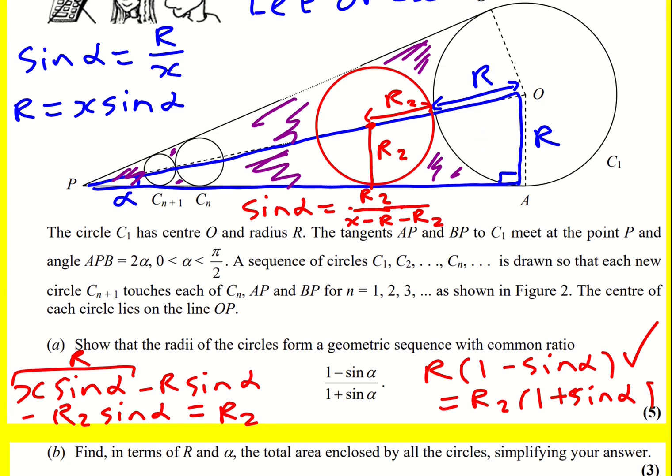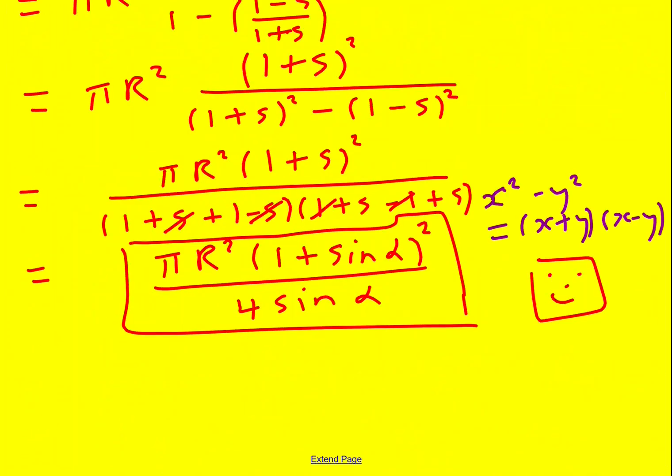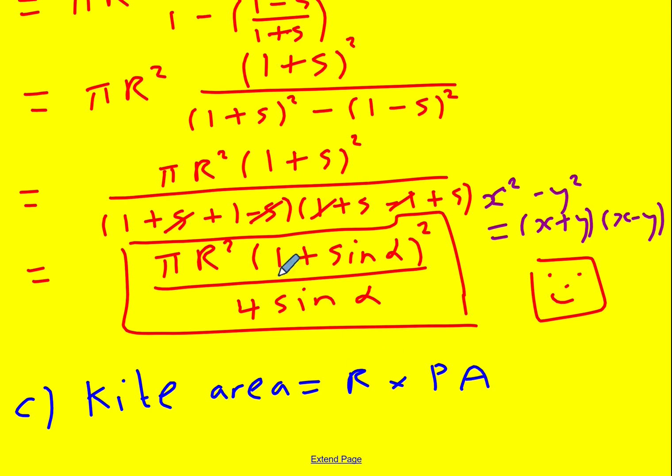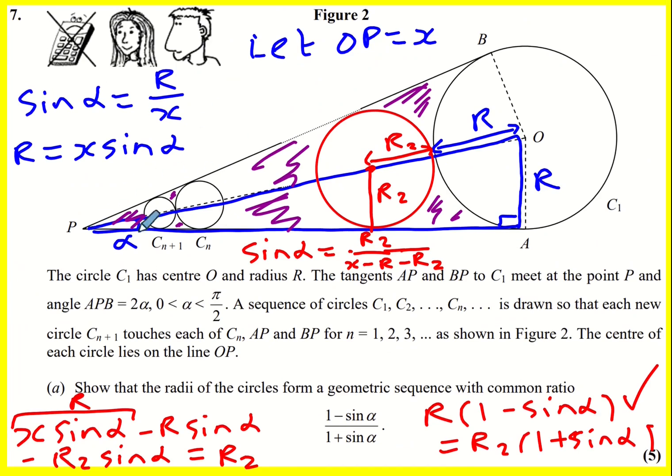So basically, kite area is going to be PA times R. Now the question remains, how do we get PA? There's no straight answer for that.